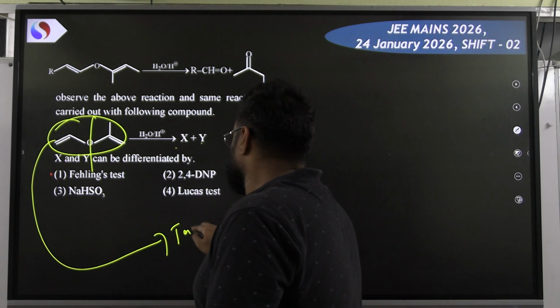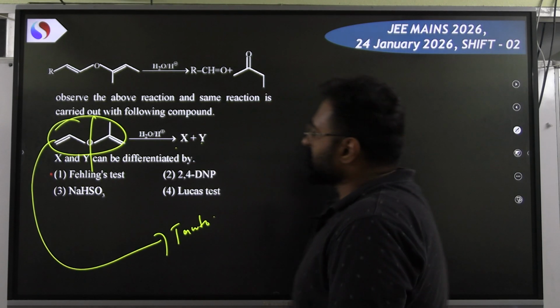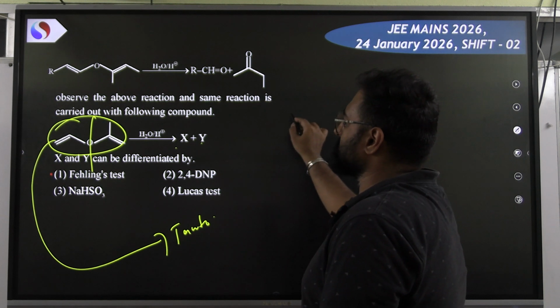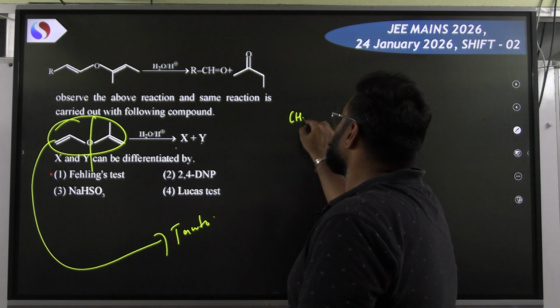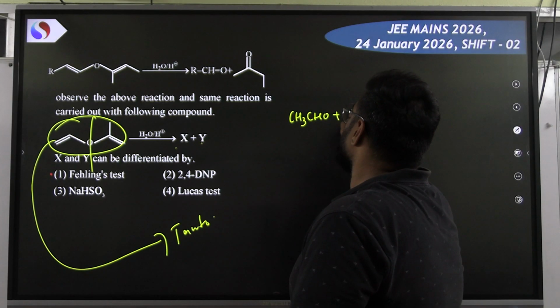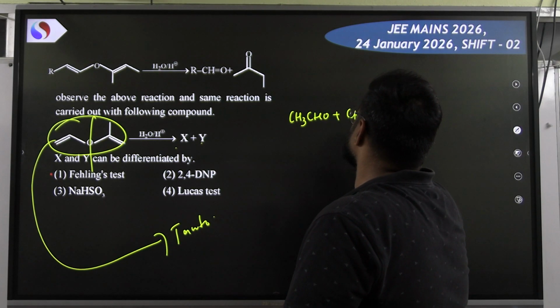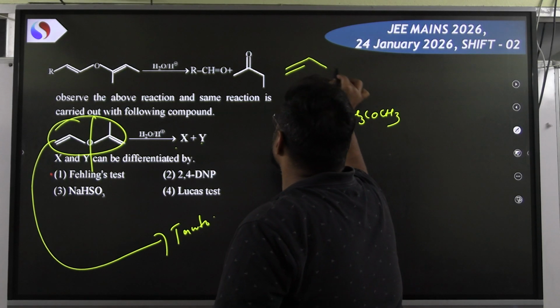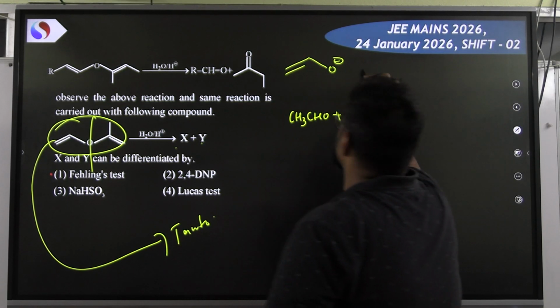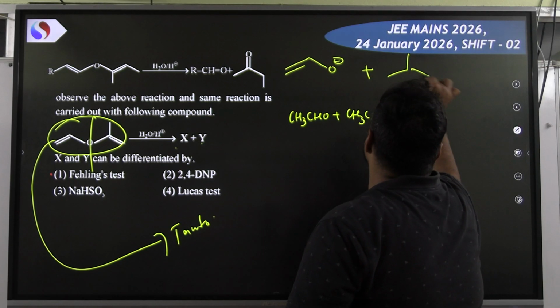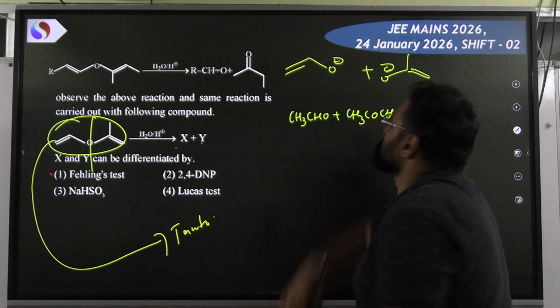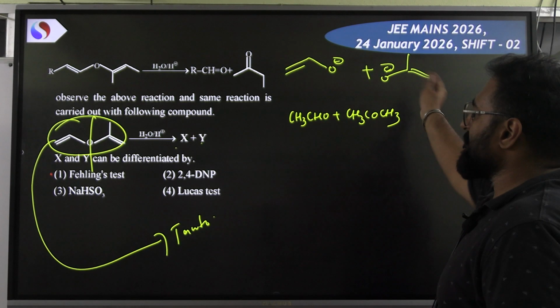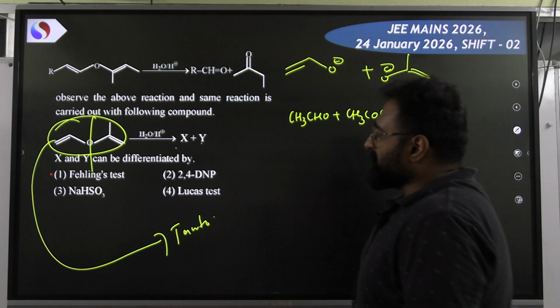One compound will be this and the other compound will be this. Make it and see. So this will be O minus, plus, O minus. Correct. So tautomerism is formed.